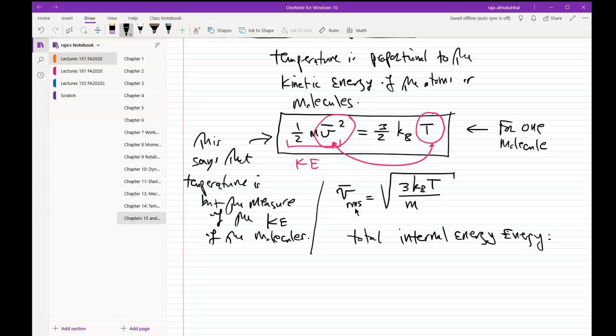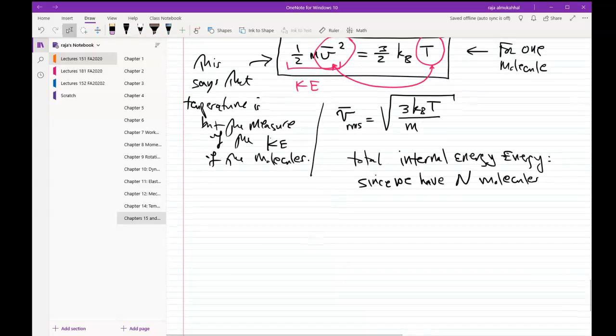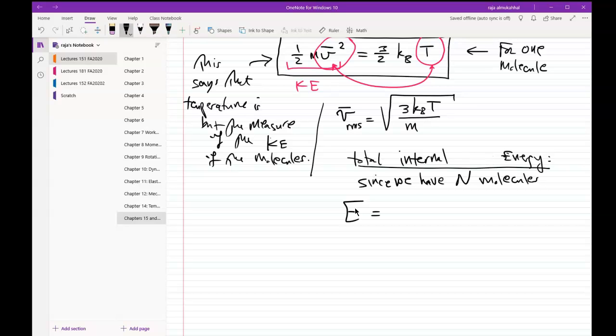Since we have N number of molecules, in this case the total kinetic energy E is equal to N times the kinetic energy of each molecule.